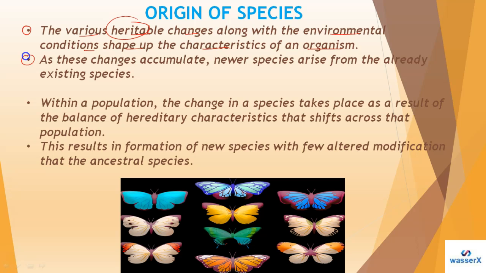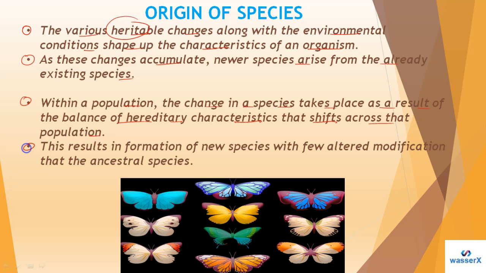Now we have the second point. As these changes slowly accumulate, newer species arise from the already existing species. So within a population, the change in a species takes place as a result of the balance of hereditary characteristics that shift across that population.